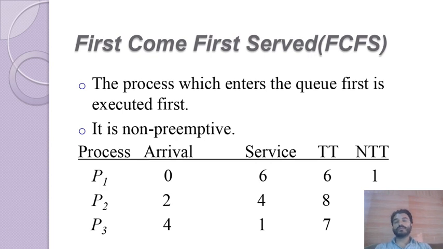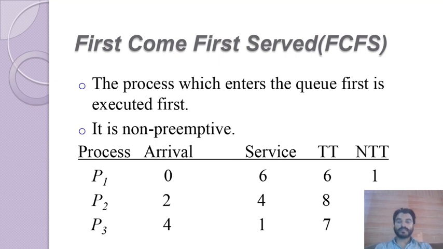The first algorithm, which cannot be used anywhere but lets us understand, is first come first serve. The process which entered the queue first is executed first. It is a simple algorithm: a queue where a set of jobs resides, and the CPU algorithm decides which job is taken out on the basis of their arrival time.